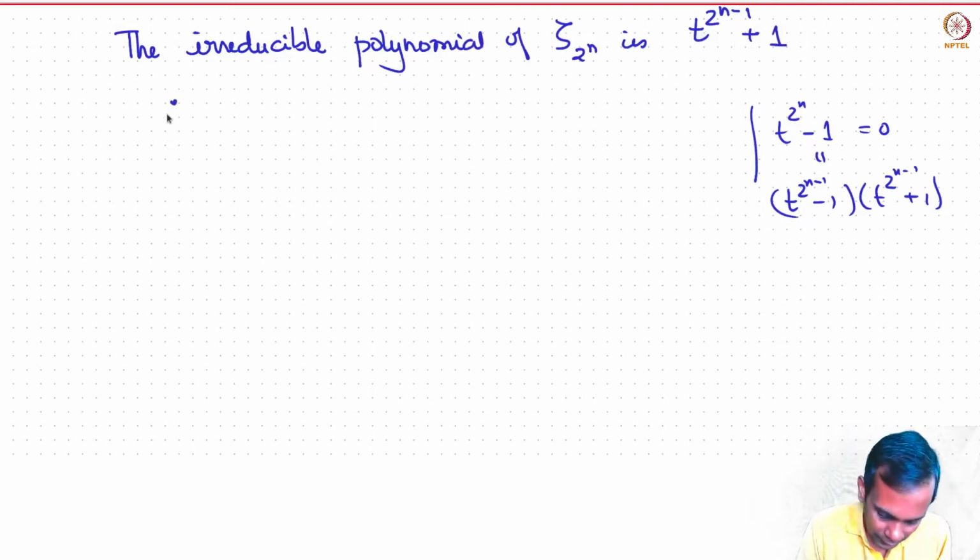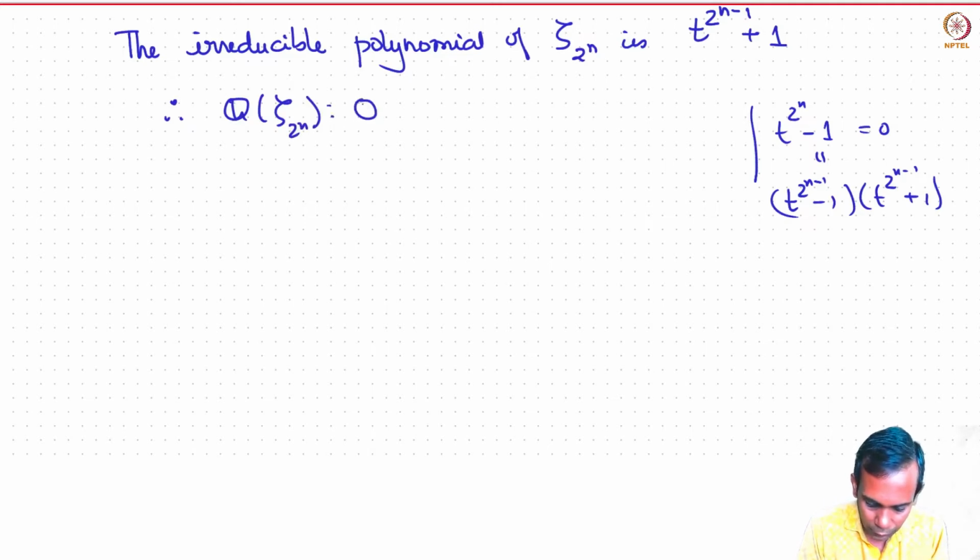So the irreducible polynomial of zeta 2 to the power n is t to the power 2 to the power n minus 1 plus 1, and therefore the degree of Q zeta 2 to the power n over Q is 2 to the power n minus 1.